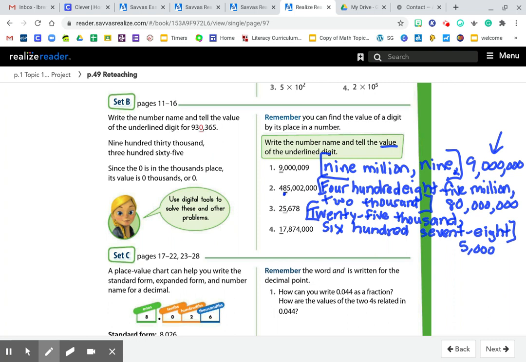And for the last one, 17,874,000. We write 17 million, comma, to separate the periods, 874,000.